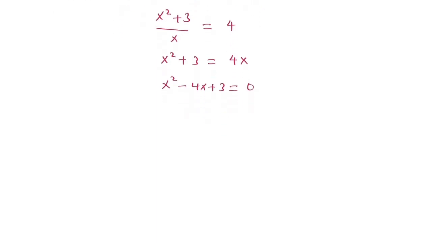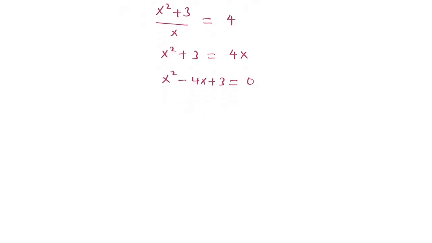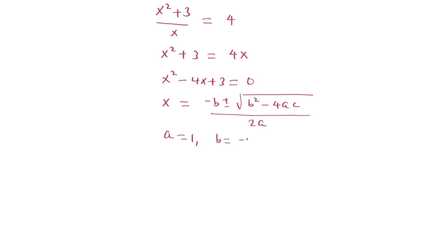Okay, so we are going to solve this quadratic equation by the general formula for quadratic, which says x equals negative b plus or minus under root b squared minus 4ac over 2a. Okay, so from our equation, a is 1, b is negative 4, and c is 3.